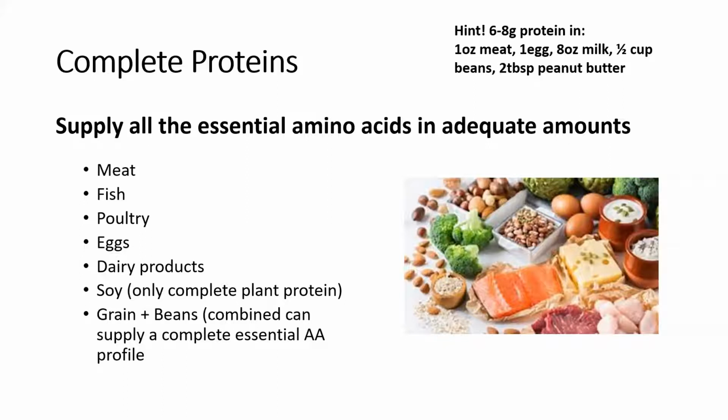That's why soy is used in a lot of meat replacements like tofu. And then there are certain combinations like grains and beans. Combining rice and beans, or combining whole grain bread and peanut butter, can give you all 9 essential amino acids. However, we won't digest all of them as easily as we digest animal proteins.